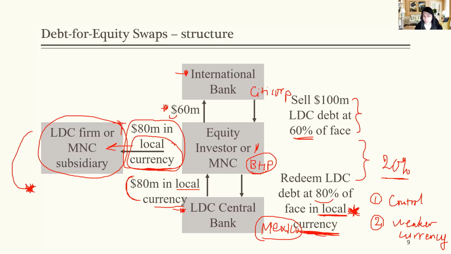Which is something that we are currently debating in Victoria right now. So these are some of the concerns that people raise later on about ownership of assets, right? Foreign ownership of a country's assets. But in terms of restructuring a troubled debt, this is a very attractive option for both the banks and the international companies.